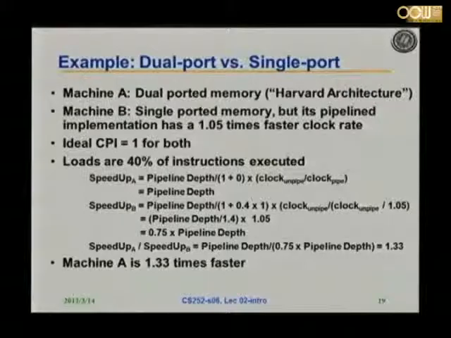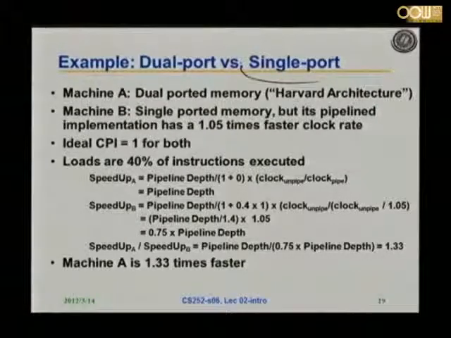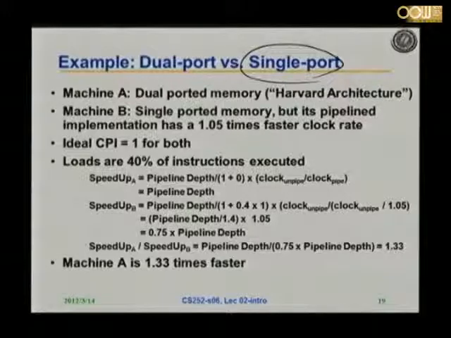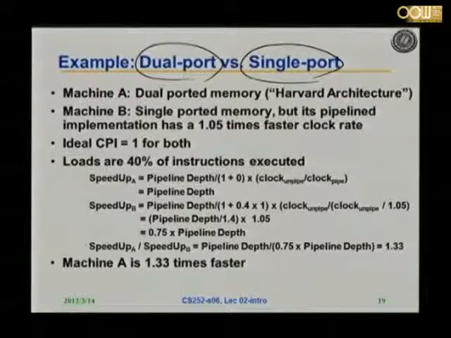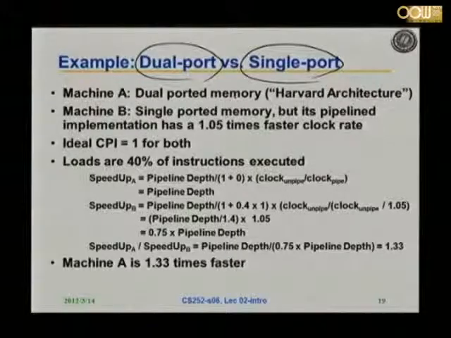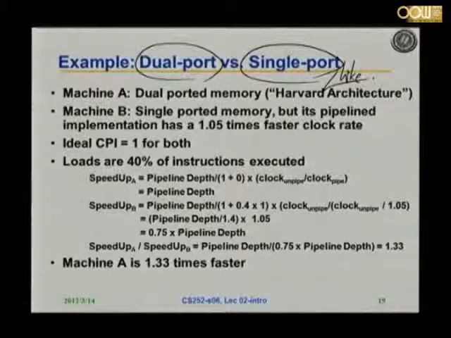Very simple example. So let's look at a real example. If we have a 1-port memory versus a 2-port memory, machine A, dual-ported memory, we call that Harvard-like architecture. Harvard architecture says we do have 2 pieces of memory, one for instruction, one for data.